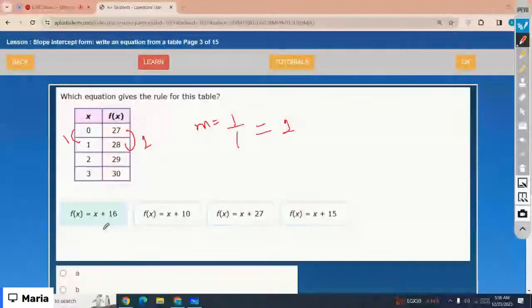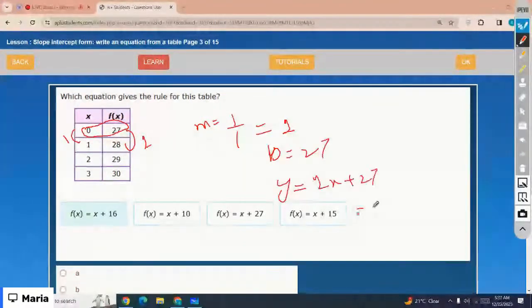Now you need to calculate the y-intercept. Here x is 0 and y is 27, so the graph is touching the y-axis at 27. So b equals 27. The equation is y equals 1x plus 27, or y equals x plus 27. This is the correct option.